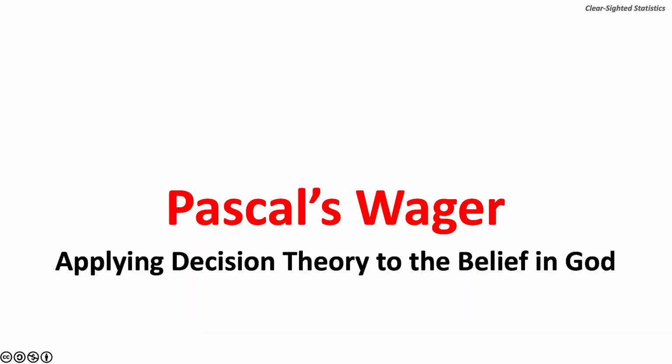Let's turn to Pascal's wager, applying decision theory to the belief in God. In addition to being a mathematician, Pascal was very religious. He developed an argument for living a pious life called Pascal's wager. This argument is akin to modern decision theory. Pascal was a Catholic. He believed in heaven and hell.